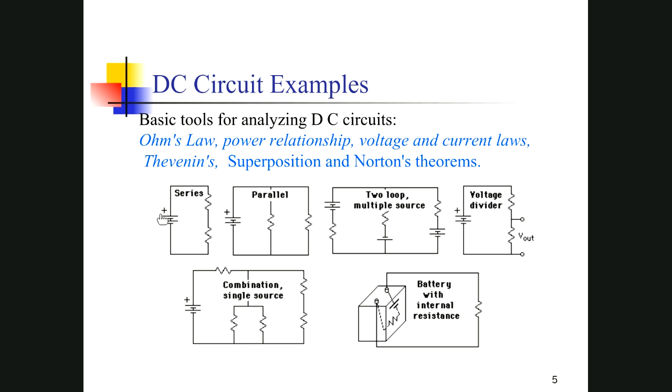The longer horizontal bar represents the positive one. The shorter horizontal bar represents the negative one. And the resistance represents the users. Here we have two users in series in the closed loop.